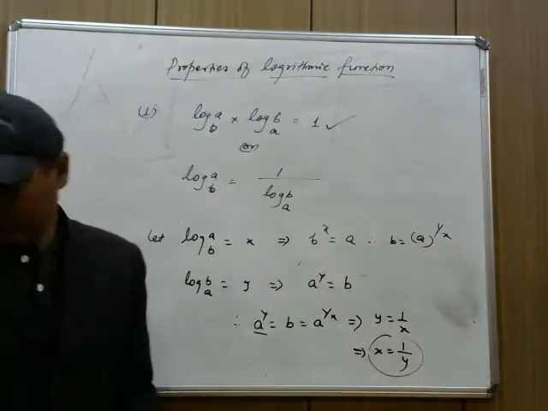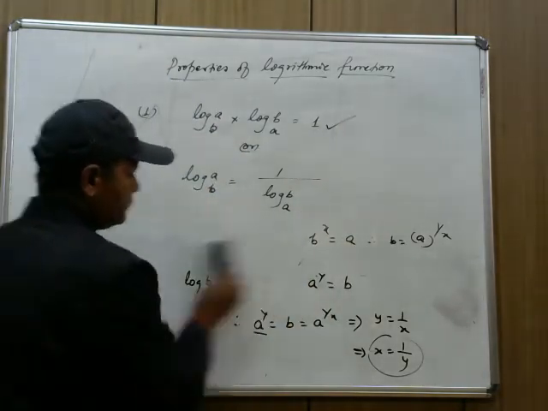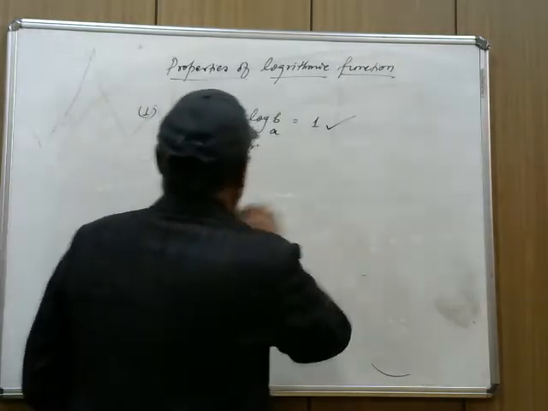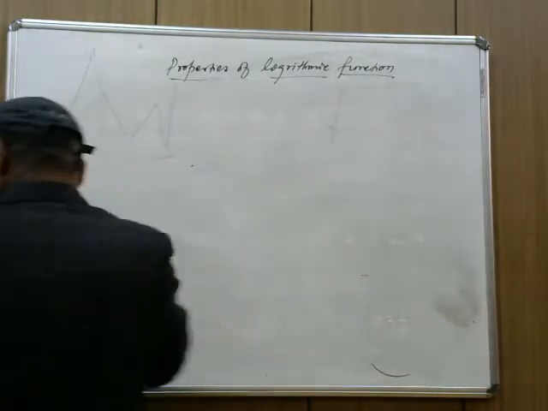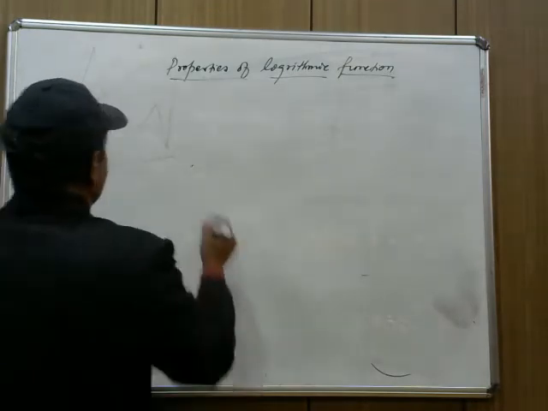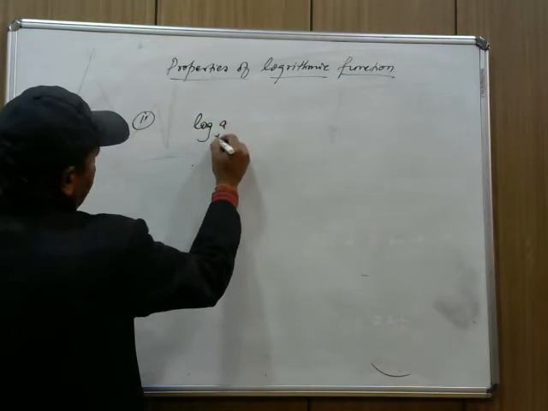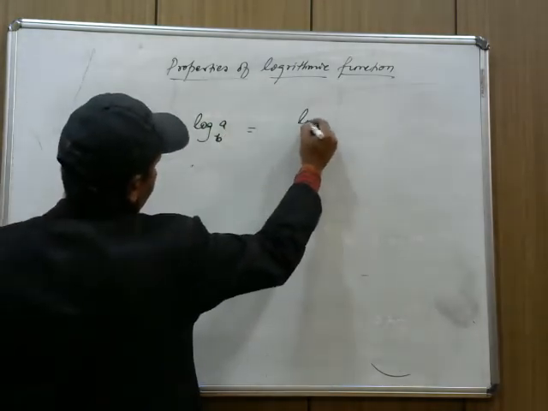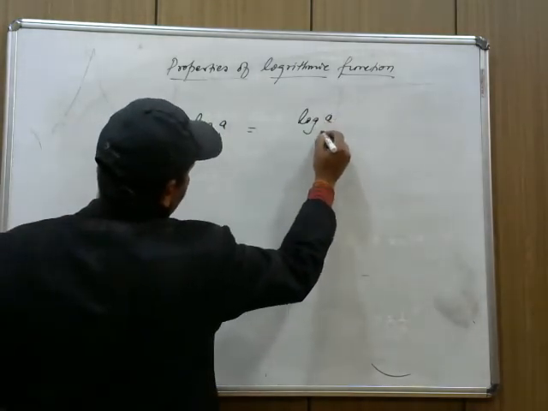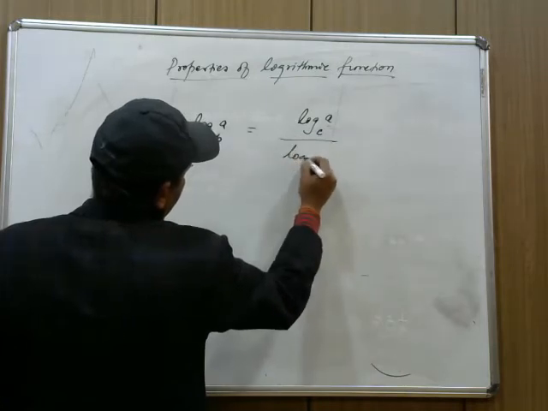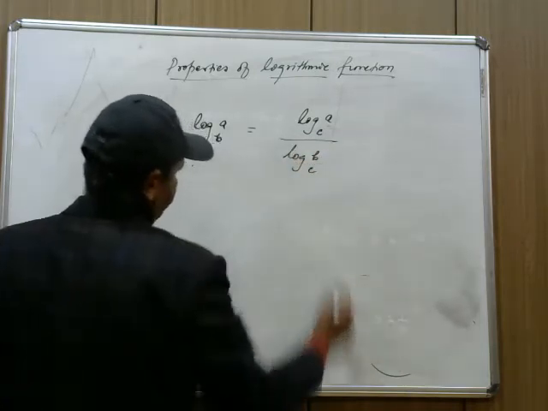Now the second property, we will go for it. Log of a to the base b is equal to log of a to the base c upon log of b to the base c.